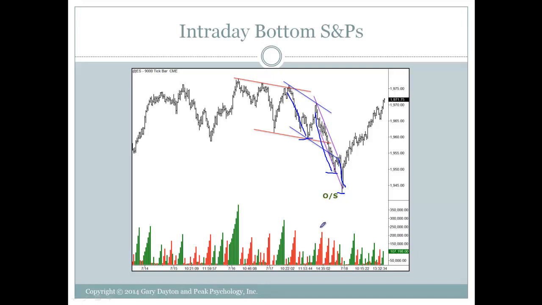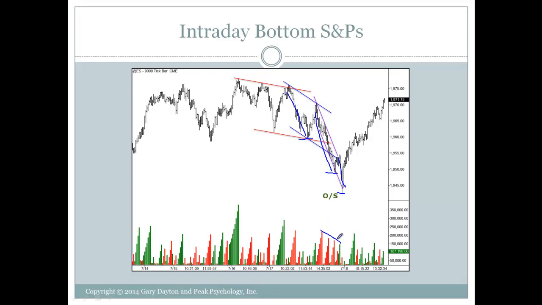And as I said earlier on, this is a measure of volume here from the Weiss wave. In my judgment, it is the only way to measure volume in the intraday markets. It can also be used on the daily and the weekly and monthly charts too, but on the intraday, this really is a really great tool.